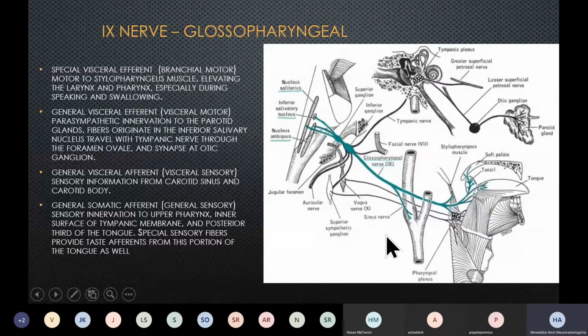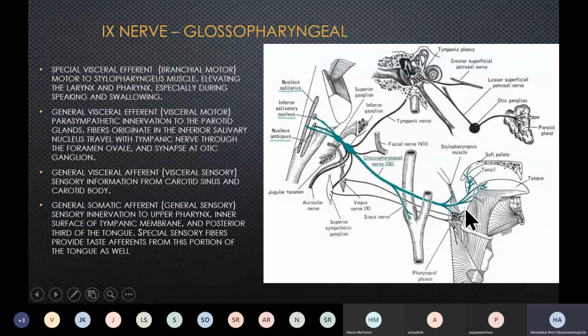The stylopharyngeus is a very critical muscle because it elevates the larynx and the pharynx, especially when we are speaking or swallowing. So when there is a glossopharyngeal palsy, it usually does not occur in isolation, because a, it shares common nuclei with the 10th nerve, b, it shares the common path, and c, it also shares a common ganglion with the 9th and 10th. So quite often these two nerves are affected in unison, if you like.